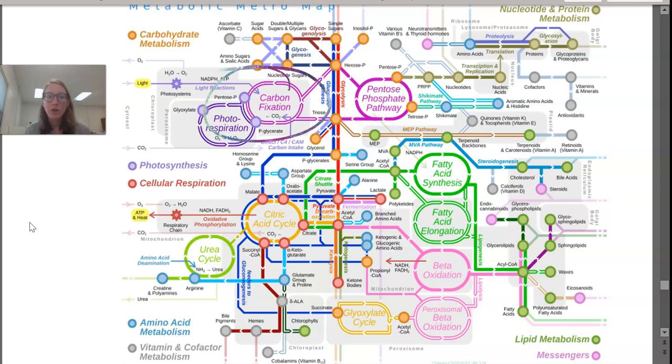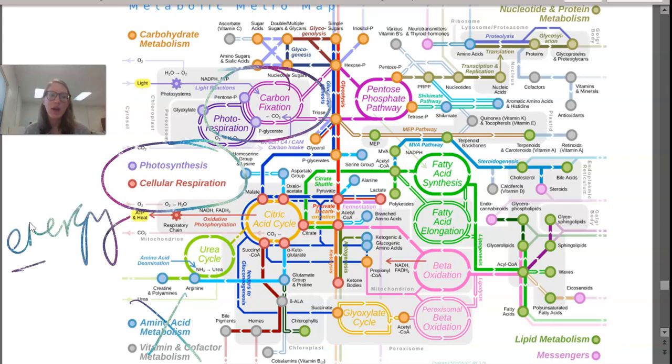We will look at photosynthesis and cellular respiration, obviously. But anyways, you'll be able to make sense of some of this craziness in a few months. But this is just to show you how complex energy is for organisms, okay? This shows like a metabolic metro map, all the different ways that an organism can get energy in their cells.